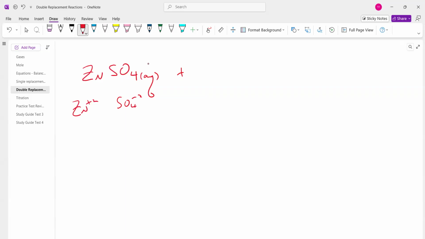And another beaker we're going to have calcium nitrate, also aqueous.